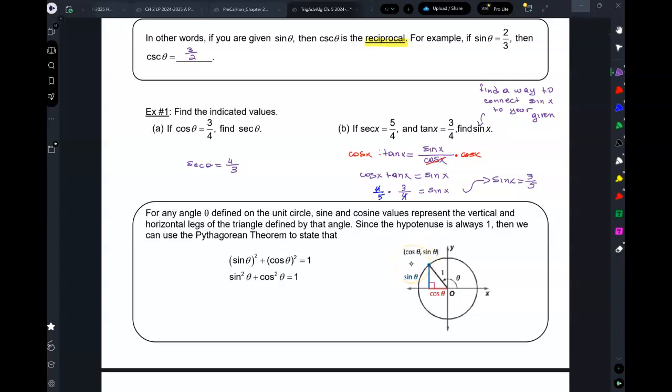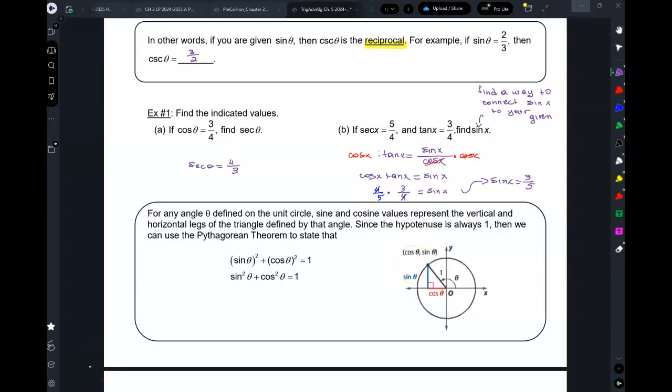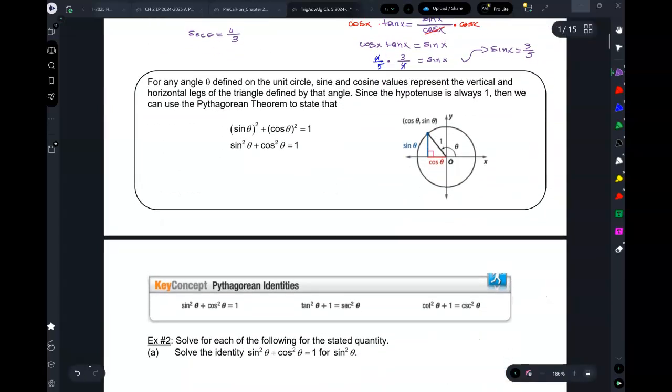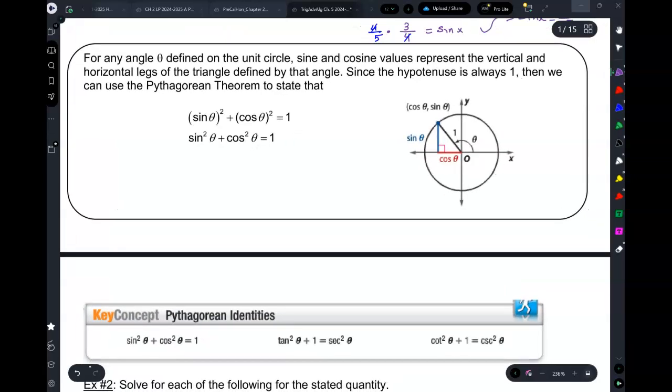Sometimes, take a look here at this unit circle. You have the right triangle here.